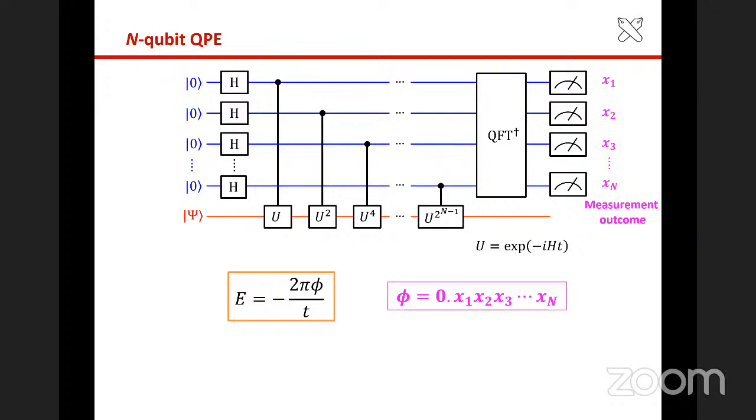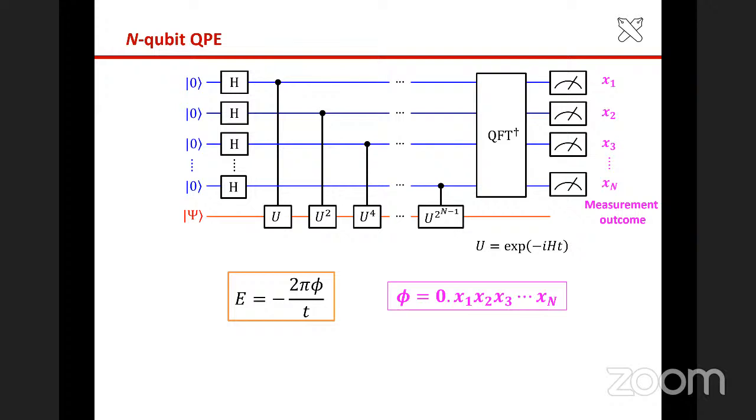Here, U is the time evolution operator, and then we perform the inverse QFT. And finally, if we measure the quantum state, we obtain some bit string, and the bit string corresponds to the digits of the eigenphase phi. So once we obtain this eigenphase phi, we can easily calculate the energy by using this equation.